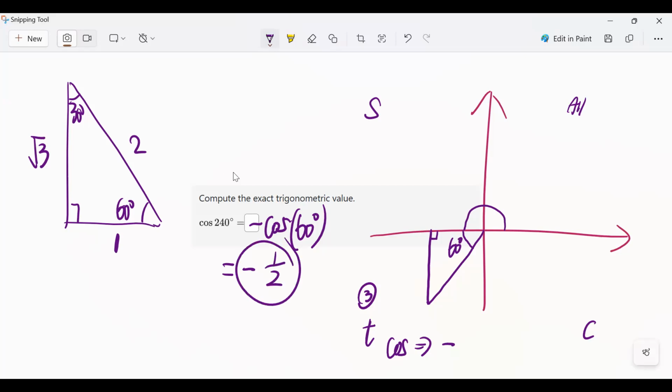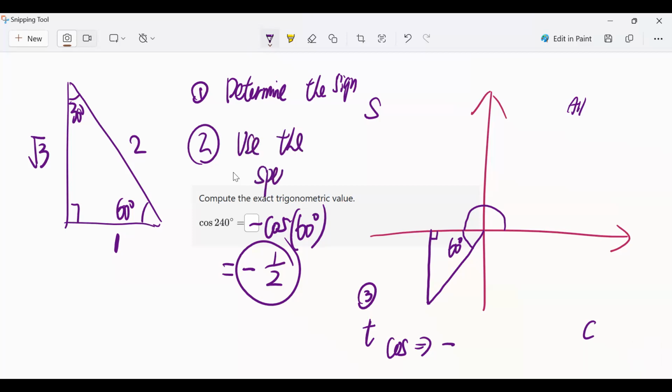The answer is negative half. Any question about this? Two steps: determine the sign based on the guiding principle, all students take calculus. Then, second step, use the special triangle to get a value.